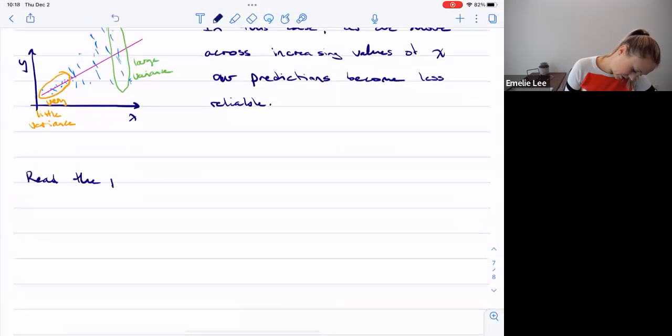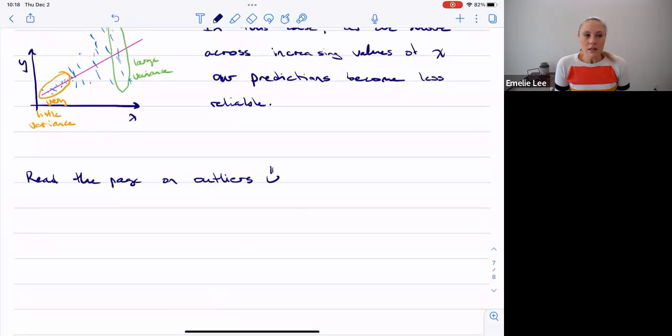We have influential points, and the gist of it is, if you have an outlier, you don't want to remove a point because that could be an interesting point that you want to capture. And it usually is. So you don't want to just remove it.